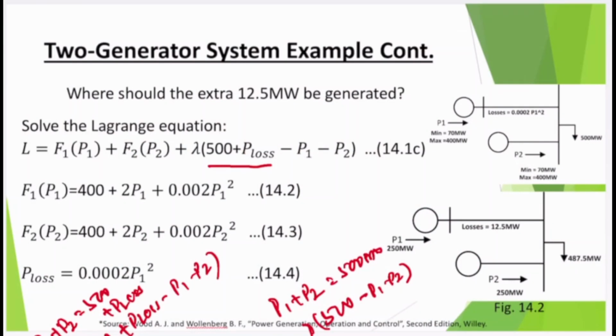Why is there no P2? Because the second generator has been connected directly to the bus without any transmission line, and hence there is no loss incurred for generator 2 to cater the load at the same bus. I generate and use it at the same point, so I will not experience any transmission losses. If it is very far away, then I do experience transmission loss.